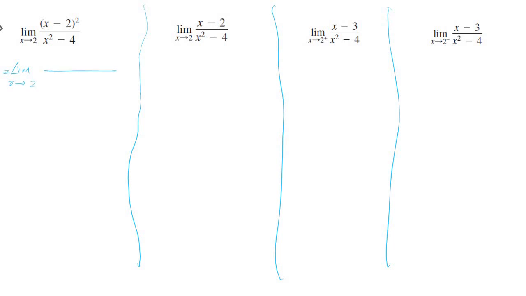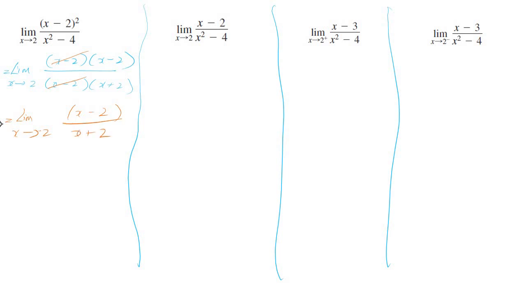So if we factorize, x squared minus 4 can be factorized as x minus 2, x plus 2, because this could be written as 2 to the power 2, and then this can be written as x minus 2 times x plus 2, and we can cross off the common factor, and then we have limit as x tends to 2, x minus 2 over x plus 2.